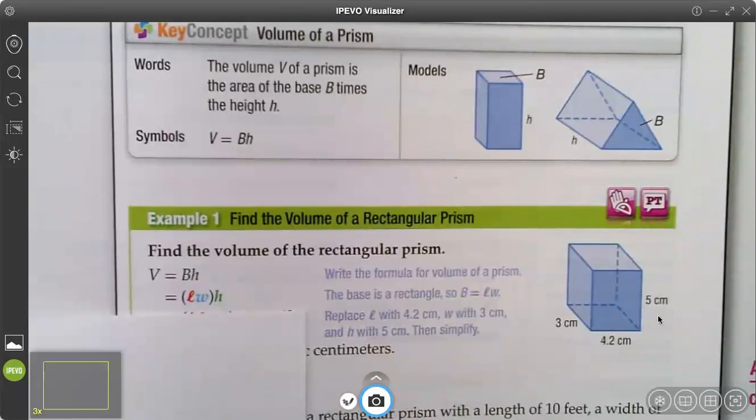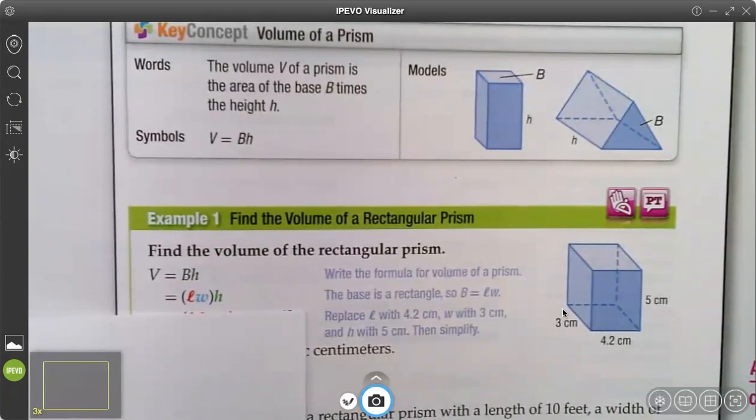On a rectangular prism, it really doesn't matter which one of these 6 faces you decide is the base. So you could say your base is 5 times 4.2, or you could say your base is 4.2 times 3, or you could say one of these sides is your base, which is 3 times 5. It really doesn't matter.